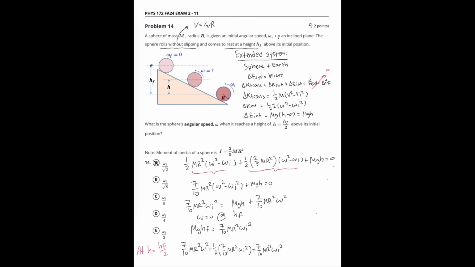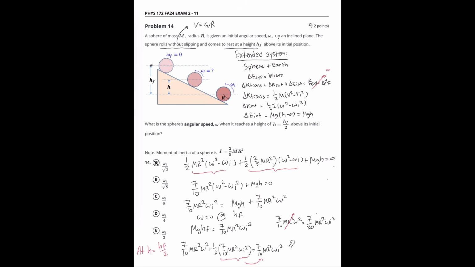And so once we get that, we can simplify. We can move this term and subtract it from here. So that will give us that 7/10 m r squared omega squared is equal to 7/20 m r squared omega initial squared.